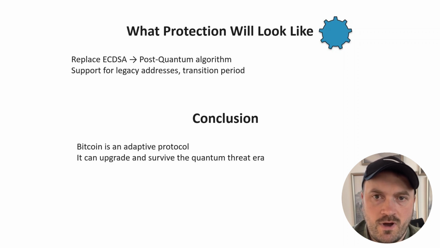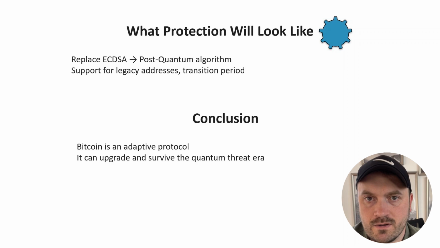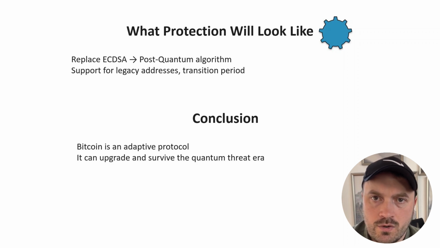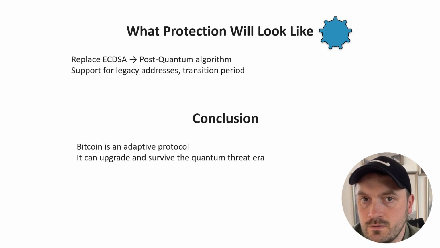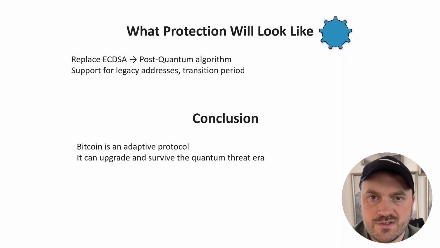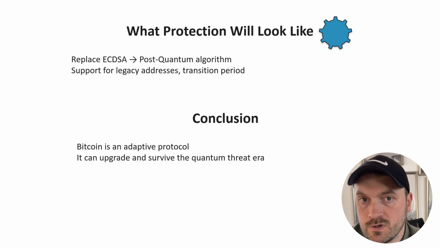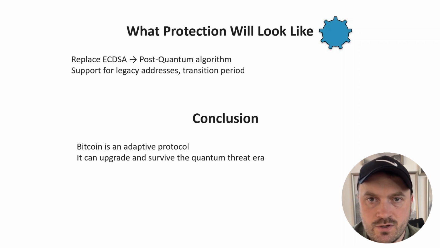Even if someone gets access to a public key of an old wallet, hacking it with a quantum computer will no longer matter, because the network will only accept signatures in the new format. In other words, the network evolves and ceases to be vulnerable.